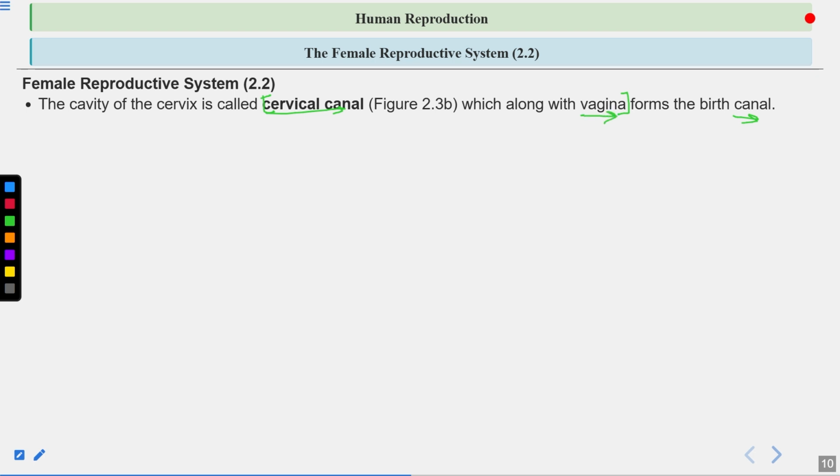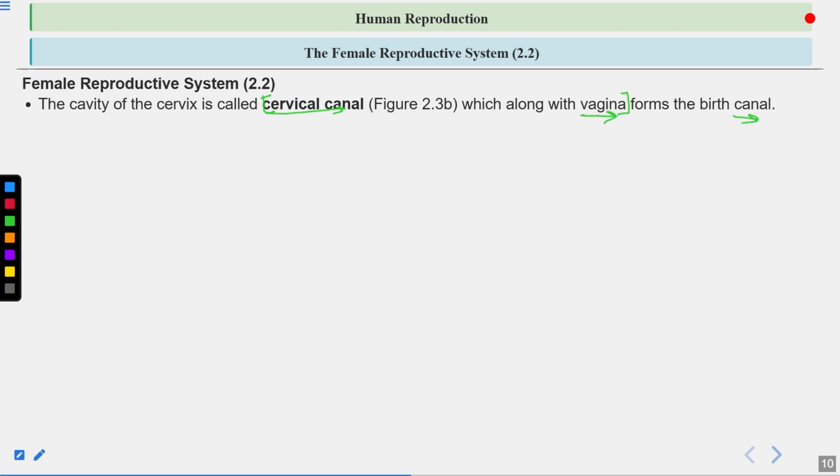The vagina has many roles. Through the vagina, the female undergoes sexual intercourse. Then through the vagina, the delivery of the child takes place. Delivery of the child, or childbirth, is known as parturition.